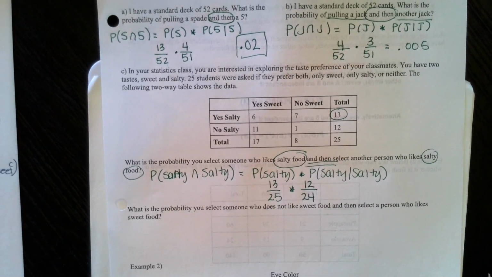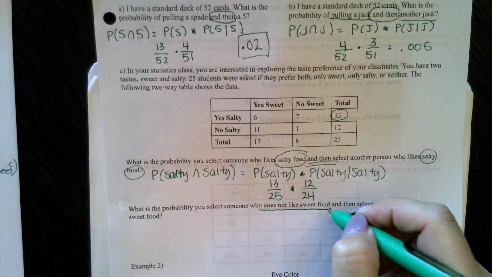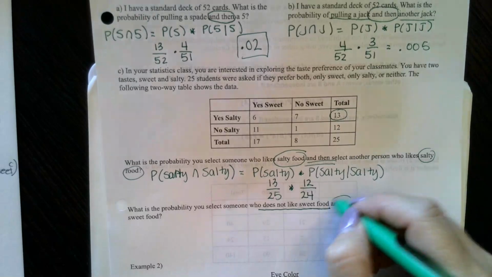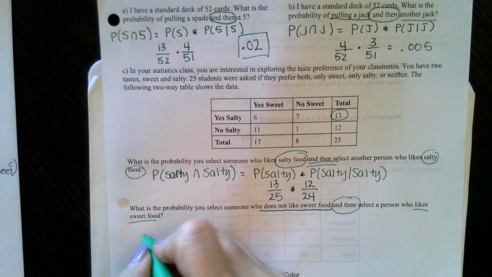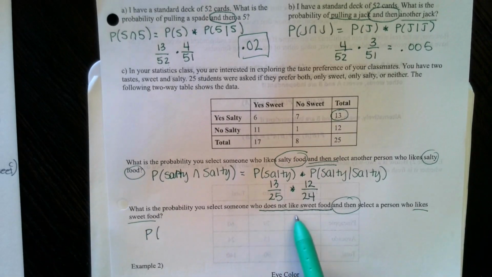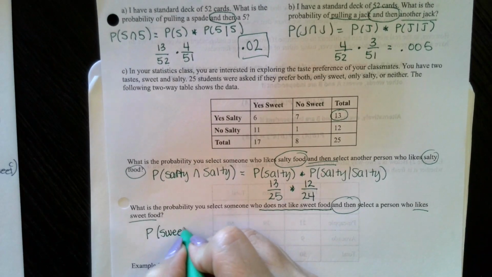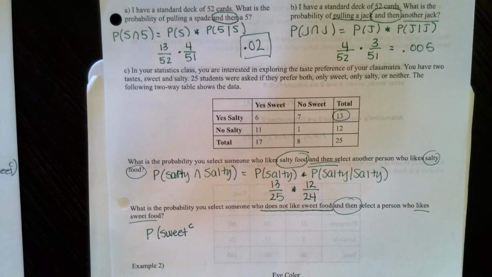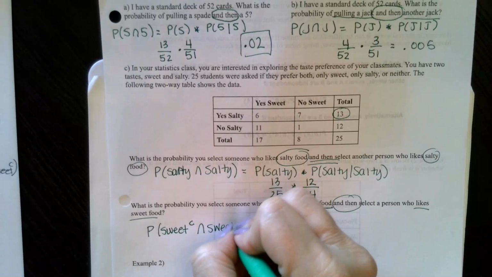So what is the probability you select someone who does not like sweet food? So does not like sweet food, and then someone who likes sweet food. So here's what I have this time. So the probability, someone who does not like sweet food. So I'm going to say sweet complement, does not like sweet food, and someone who does like sweet food.